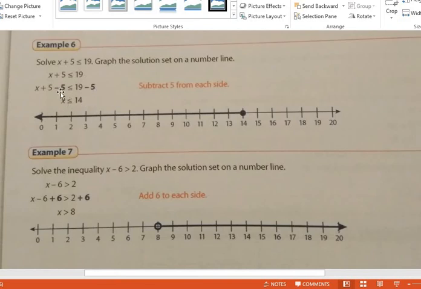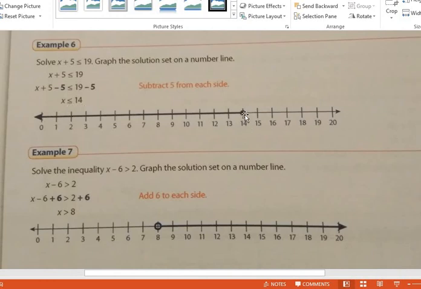The opposite of positive 5 is negative 5. So x will be less than or equal to 19 minus 5, which equals 14. Here, focus with me. I have x less than or equal to 14.